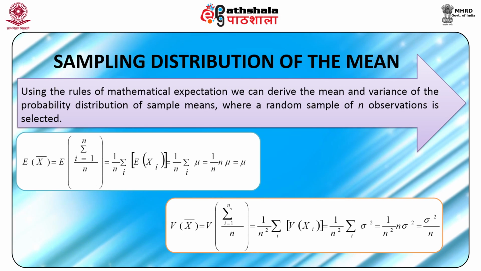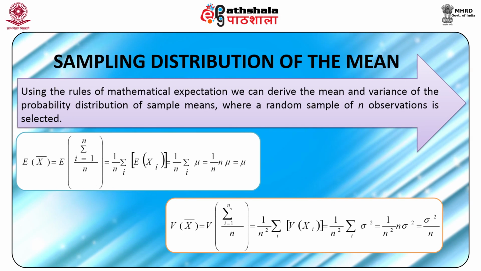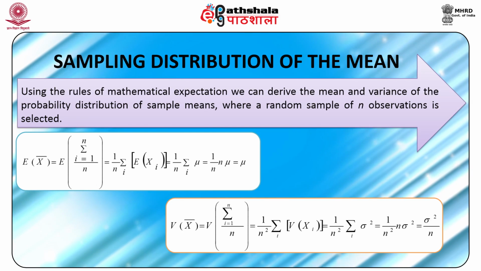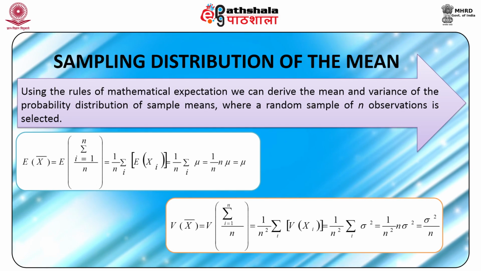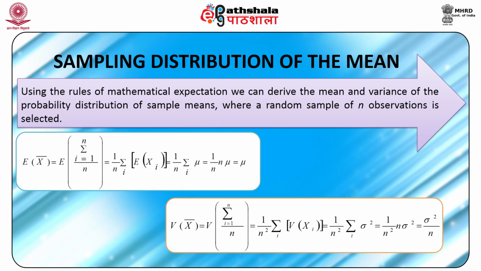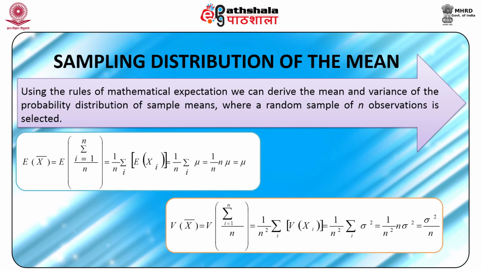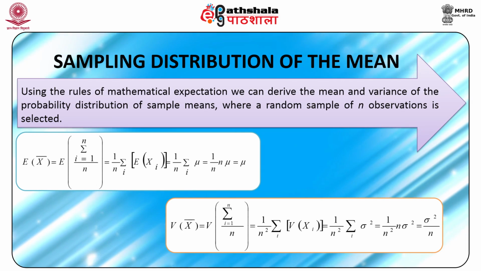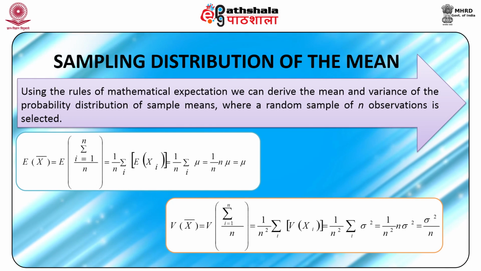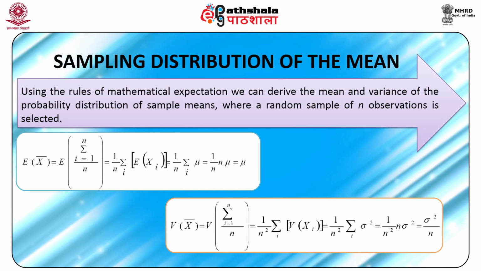Similarly, variance of x bar is equal to variance of sigma xi, i from 1 to n, divided by n, which is now equal to 1 upon n square into sigma variance of xi, and sigma is over i. This is again equal to 1 upon n square into the sum of sigma square, where summation is over i.